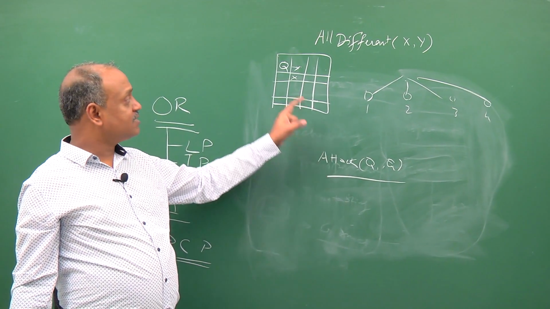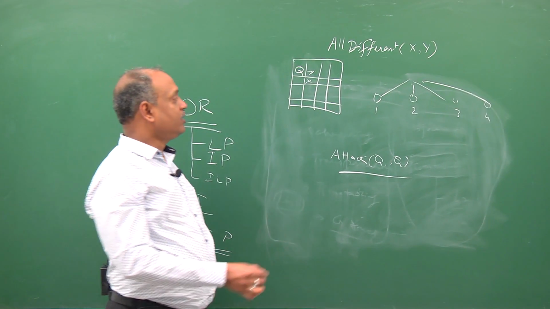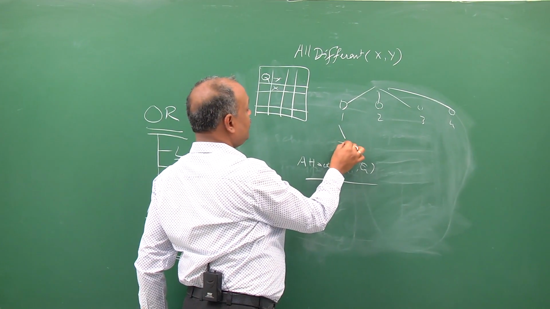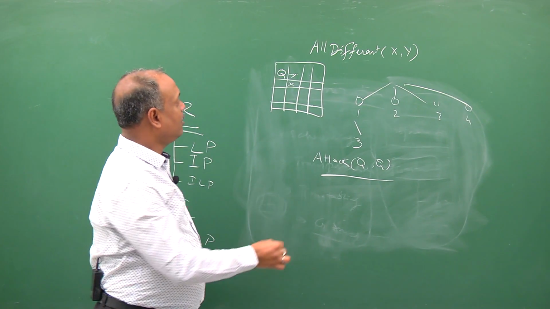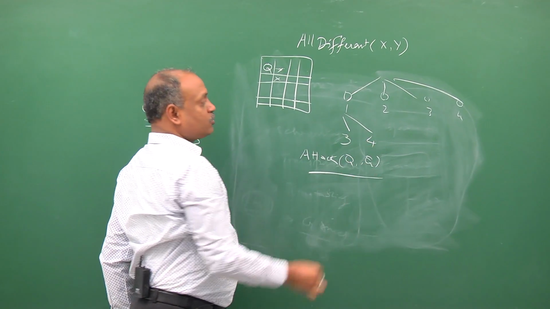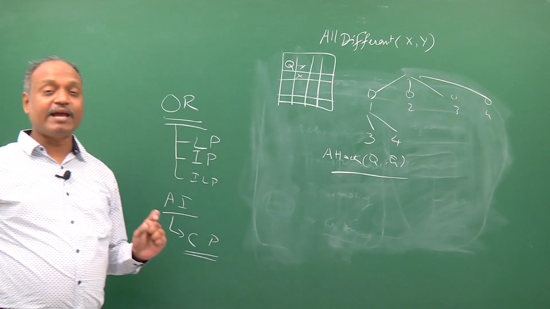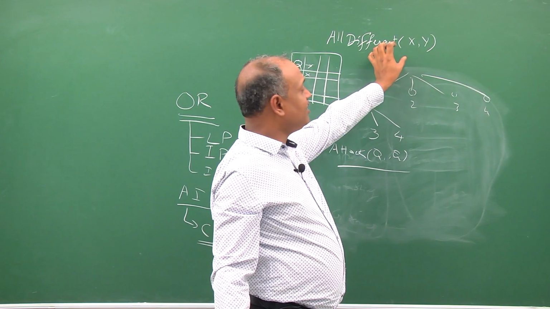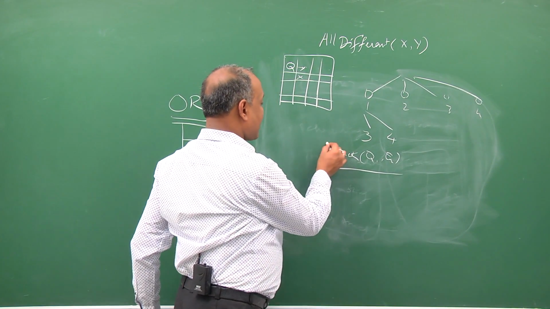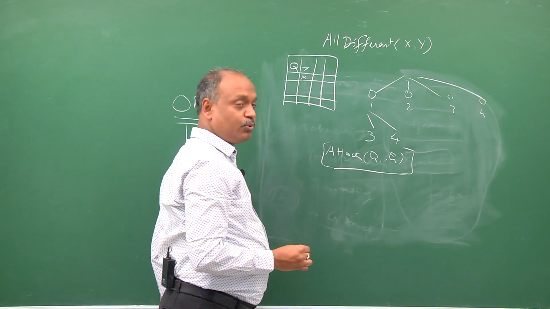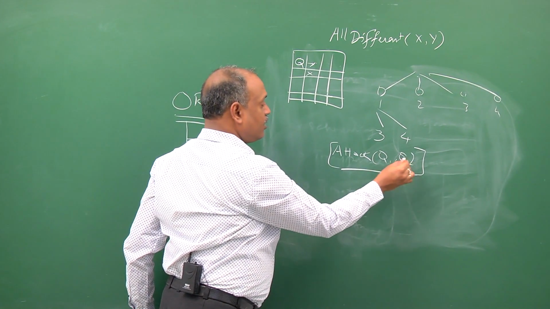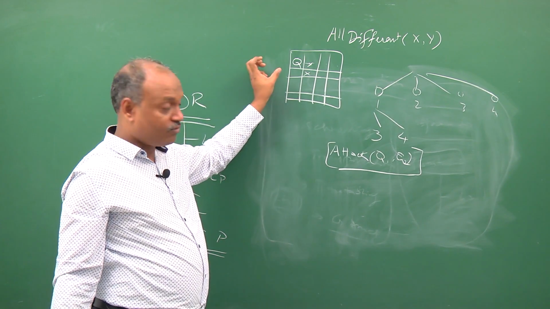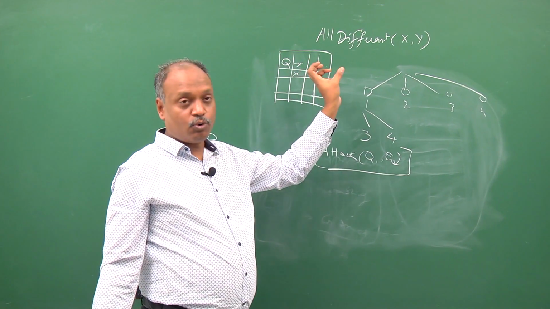Given that this is not true for 1 and 2, the only positions possible for the next queen, Q2, will be 3 or 4.